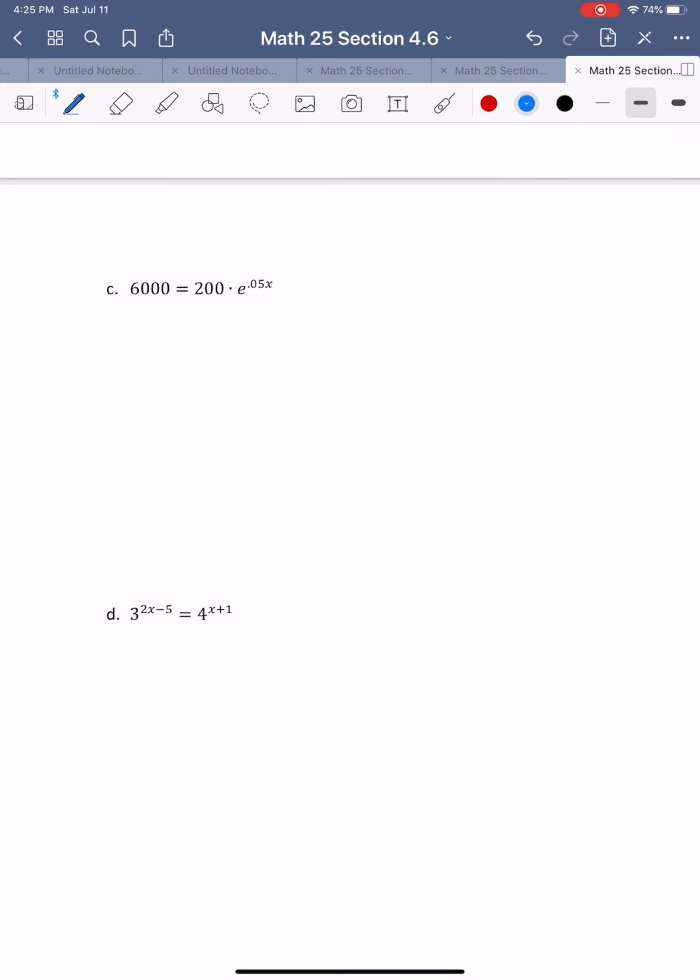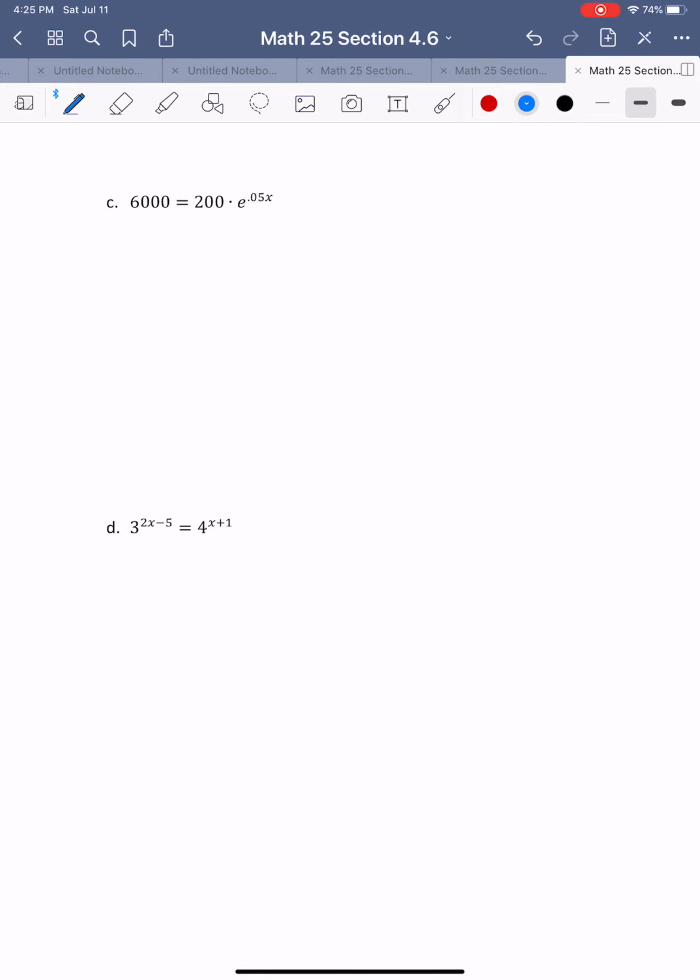Alright, next page please. Now see, first of all, we are solving for x, so I just need to divide by 200 on both sides because this is a factor. And then you get cancellation. 30 is e to the 0.05x. Now, since the base is e, I'm going to put the ln on both sides this time.